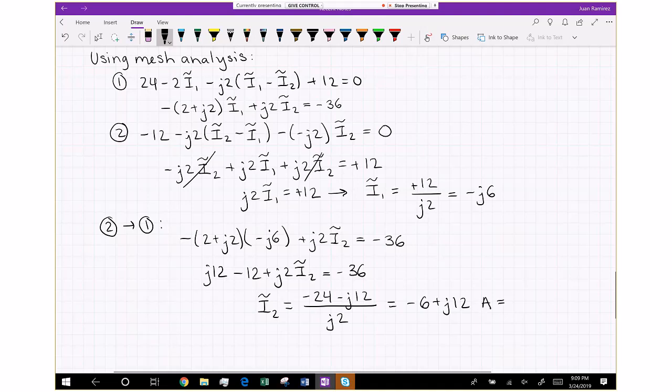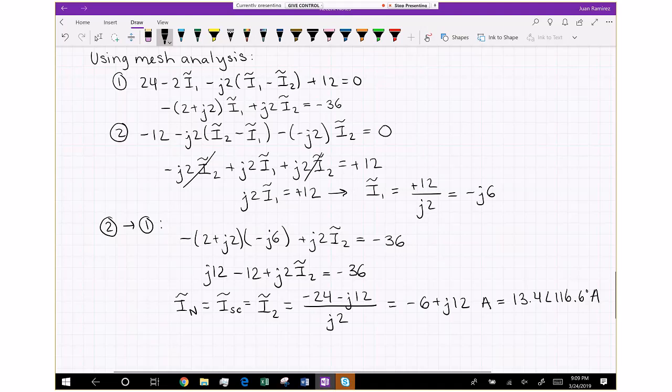If we convert that into polar form, it looks like this. And that's I2, which is also equal to our Norton current, which is equal to our short circuit current. Okay?